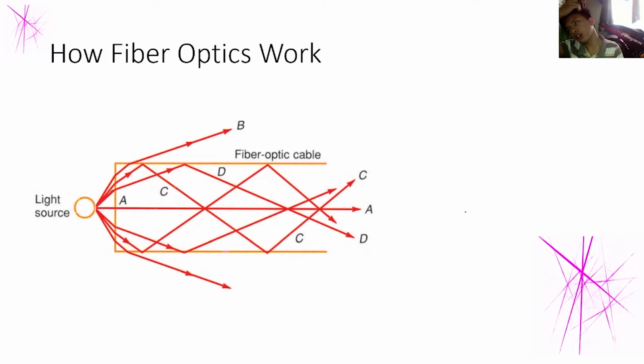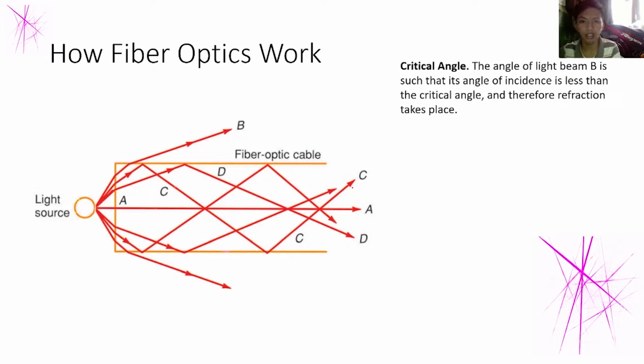Okay, so we discussed the benefits of fiber optics. Now we're going to discuss how fiber optics works. As you can see, the line that I've made somewhat resembles this illustration. So, critical angle.